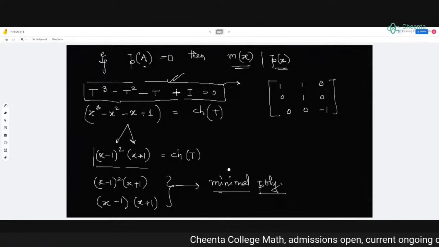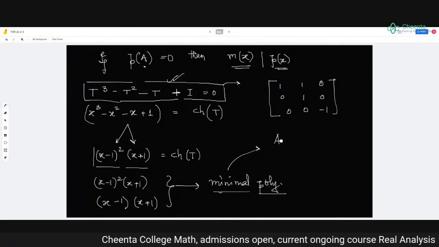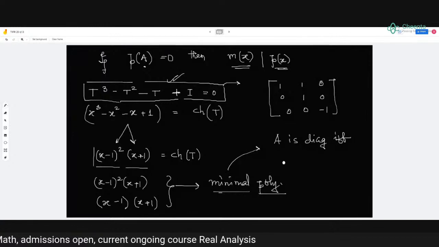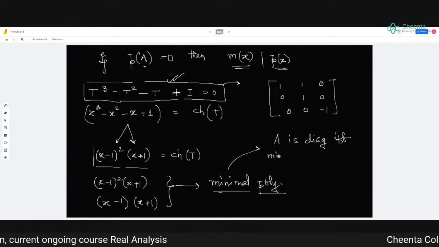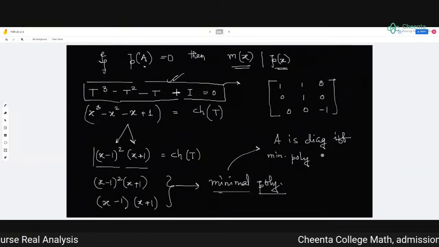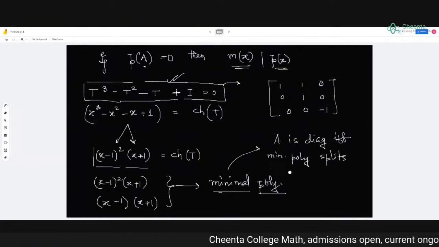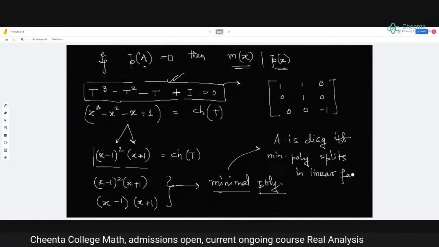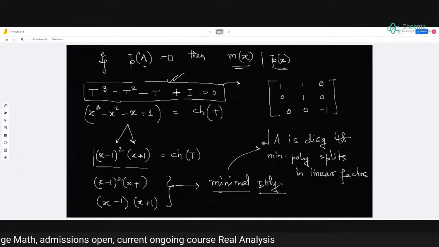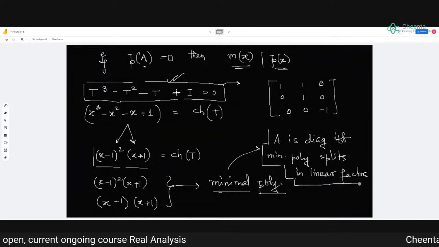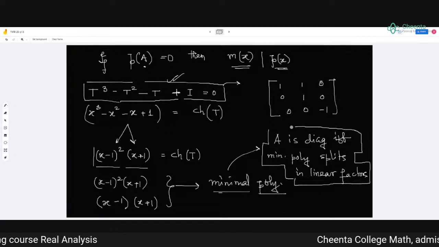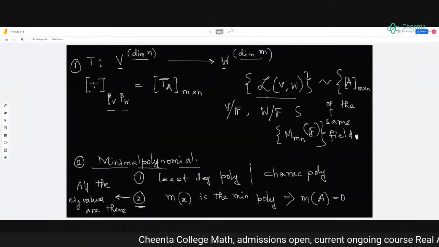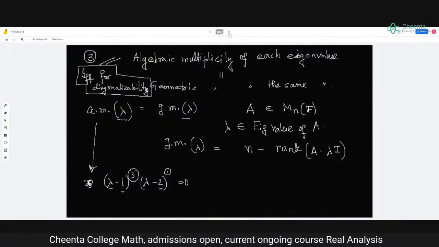That follows from this method: A is diagonalizable if and only if the minimal polynomial splits in linear factors. This is an if and only if condition for diagonalizability, which you can derive from the equivalent condition that the algebraic multiplicity is the same as the geometric multiplicity.